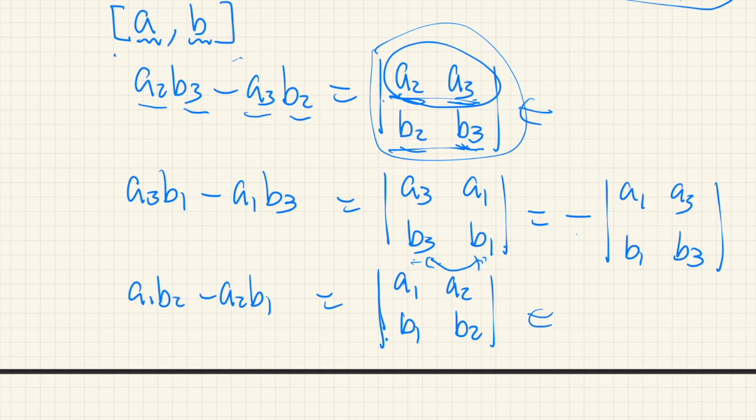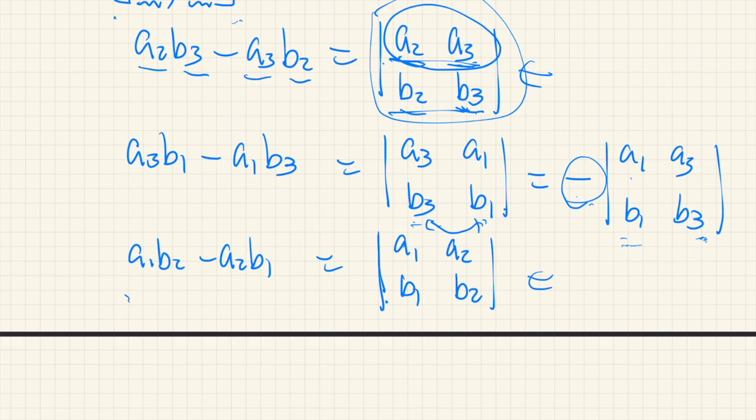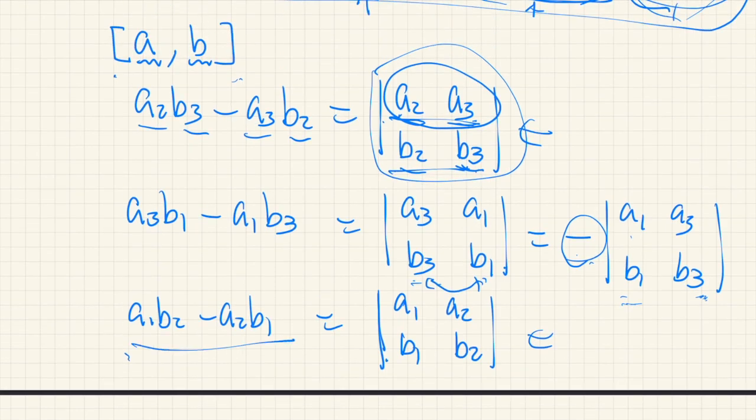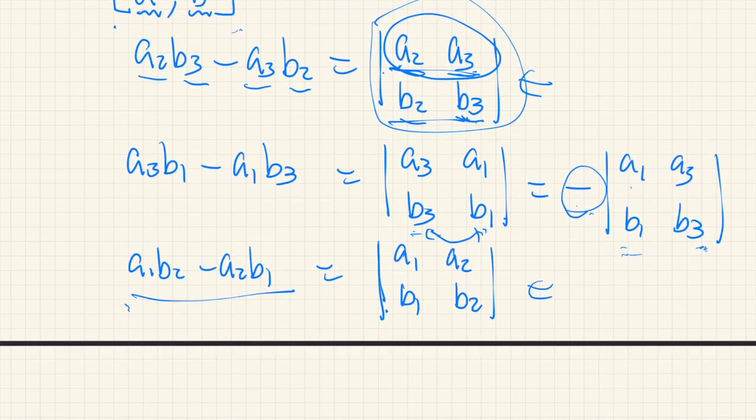So the second components are removed, and we make this 2 by 2 matrix determinant and calculate the determinant, and mind the sign here. And for the third component, we remove the third components of A and B, and we align the elements A1, A2, B1, B2 in this way, then calculate the determinant. And those are the components of the vector product.